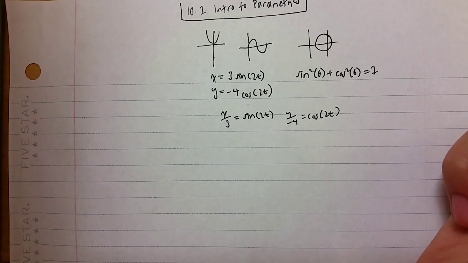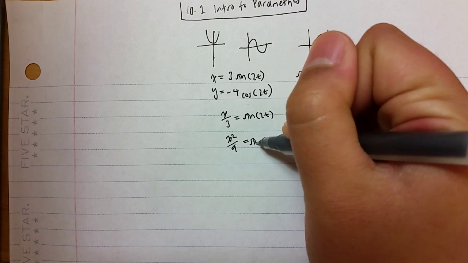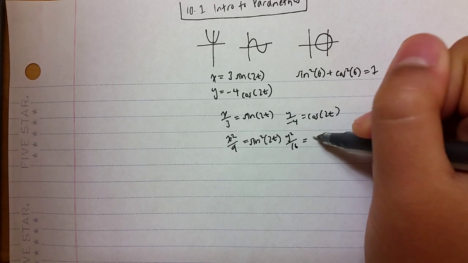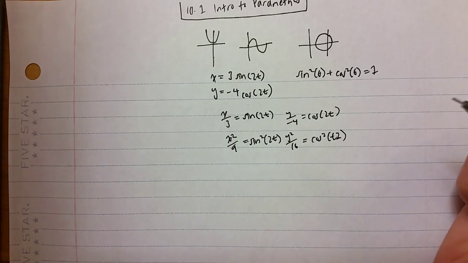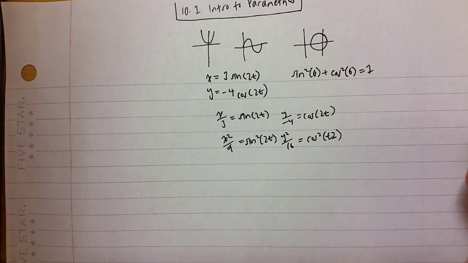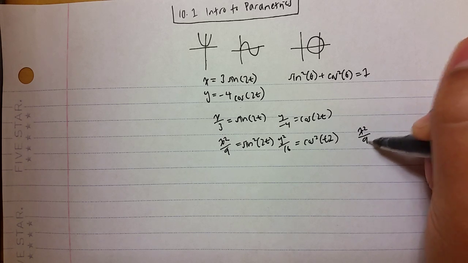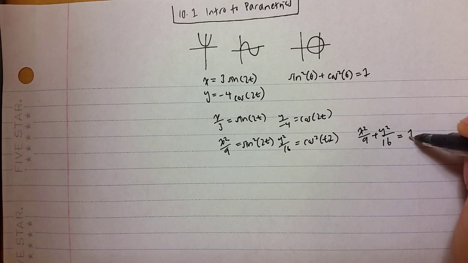And squaring both sides, we'd get x squared over 9 equals sine squared of 2t, and y squared over 16 equals cosine squared of 2t. Adding these together should equal 1, because sine squared plus cosine squared is 1. So that would give us x squared over 9 plus y squared over 16 equals 1.